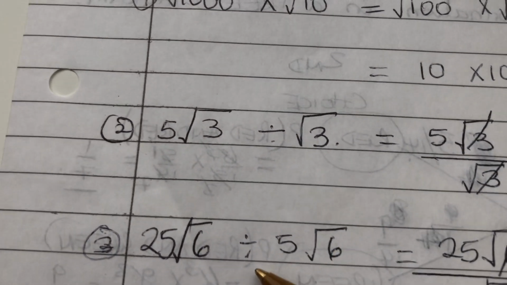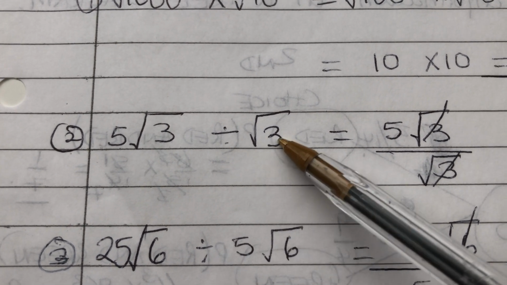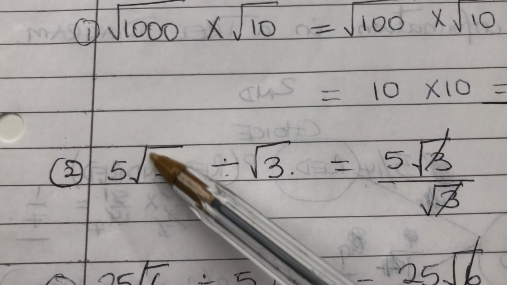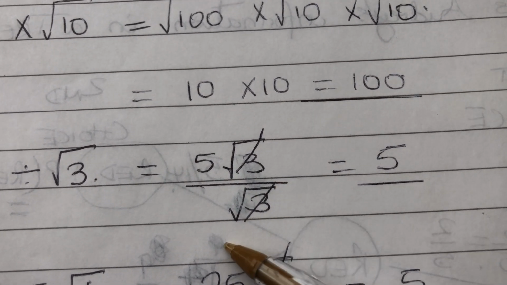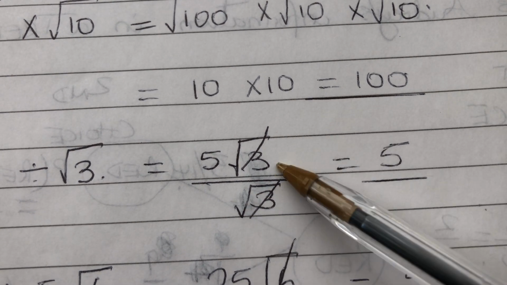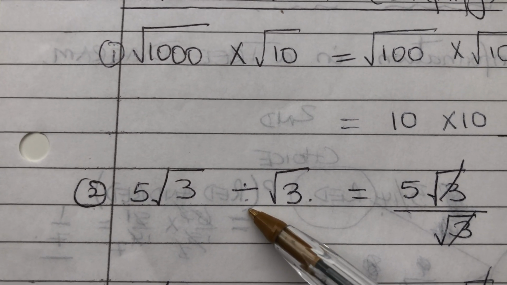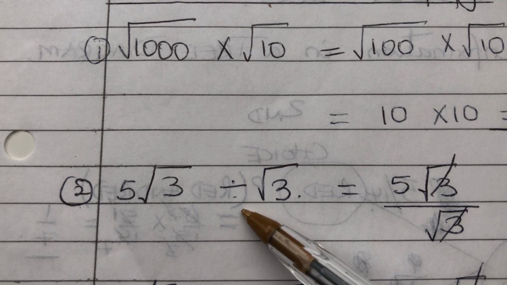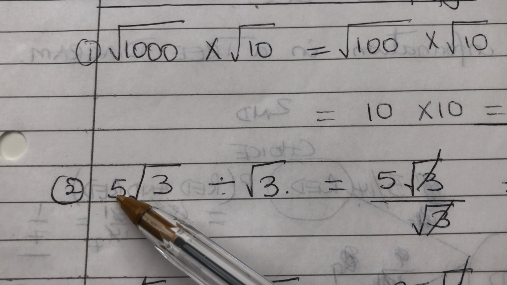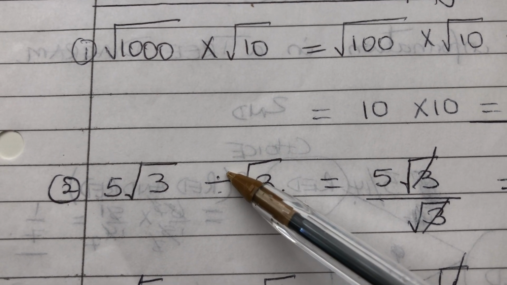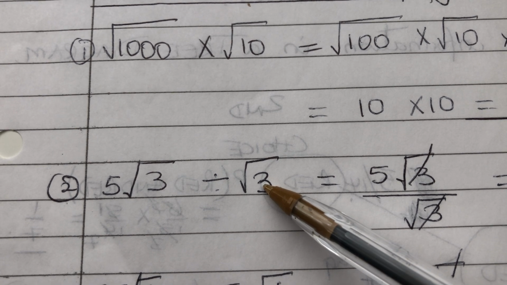Two. 5 root 3 divided by root 3. So in this form, I can write it as this form. Now the root 3's will cancel out, so I have 5. In this form, it will be difficult to see unless you do 5 divided by 1 and then root 3 divided by root 3.